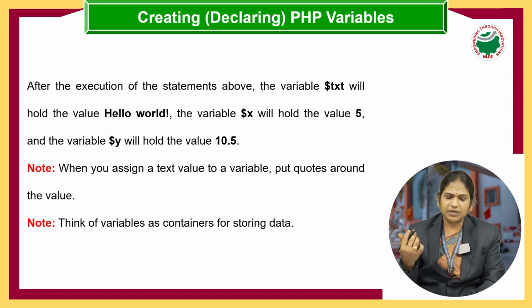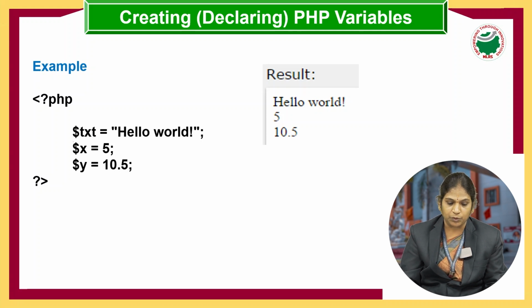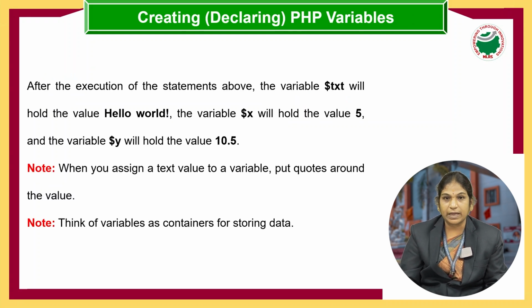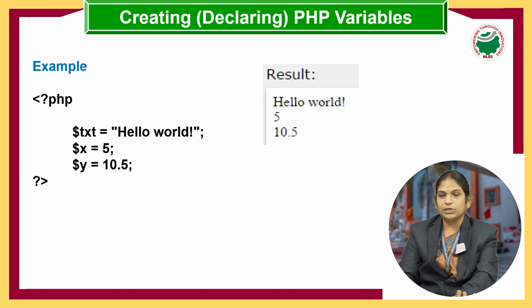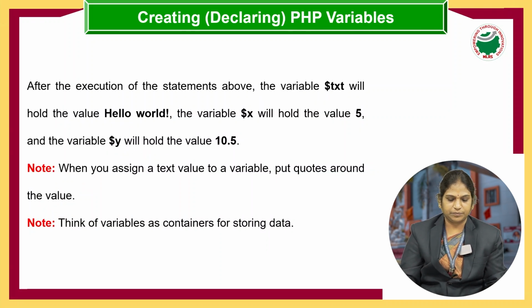And just now, in the previous example, we declared 3 variables: one named txt, another x, and the third one y. So if I execute that program, what will be the output? I have told you, it is going to display hello world, 5 and 10.5 as the output.